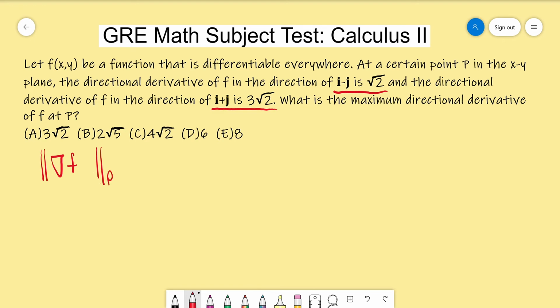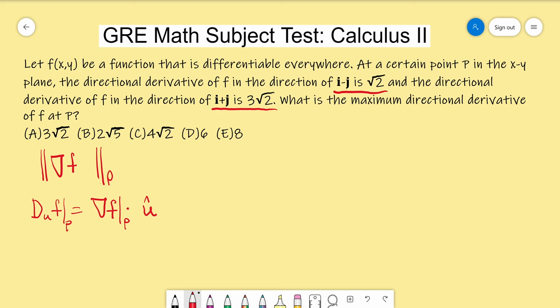And also the directional derivative in the direction of a particular vector u of the function f is equal to the gradient of f dot product, at the point P, of course. This is all at the point P. Dot product with not exactly u, but u hat, which is the unit vector in the direction of u. So we have to take u and divide by its magnitude.